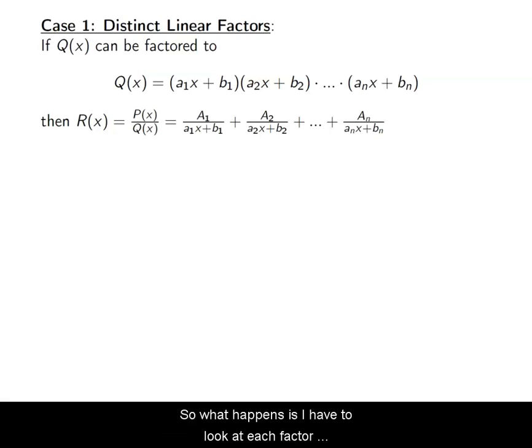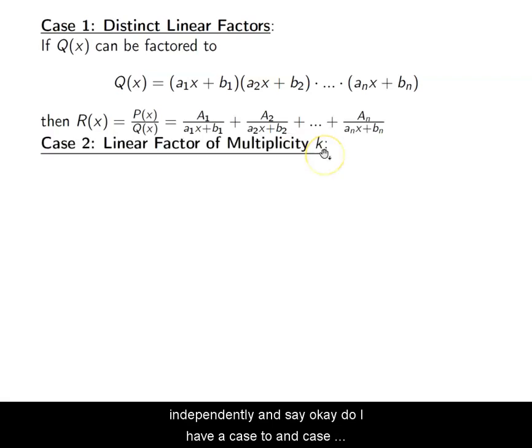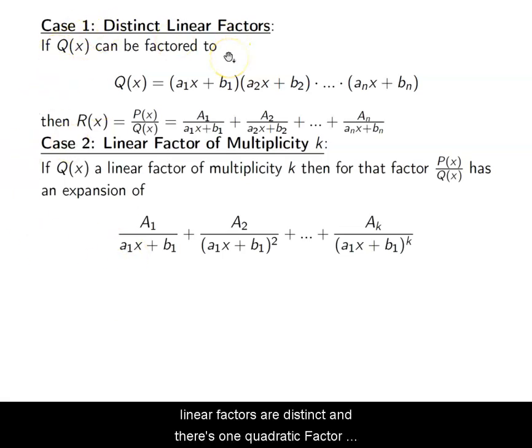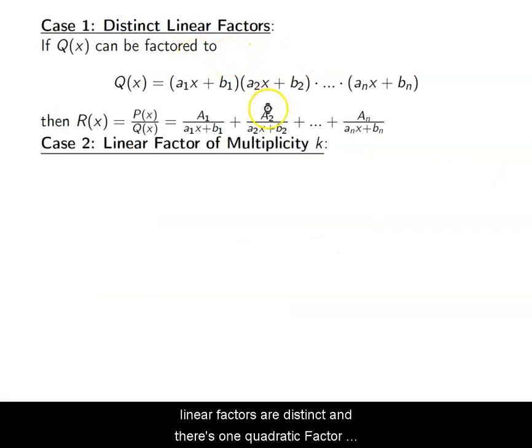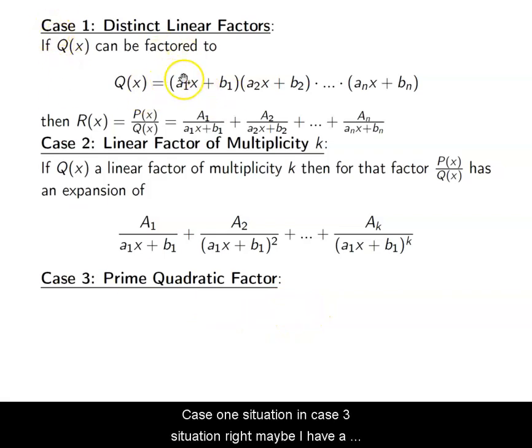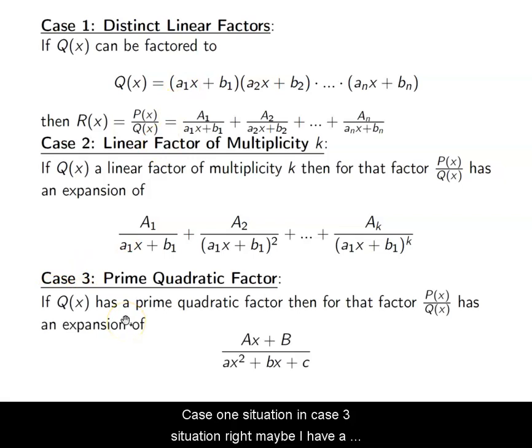So I have to look at each factor independently and say, okay, do I have a case 2 and a case 3, or is it a case 1 and a case 3? Maybe all of the linear factors are distinct and there's one quadratic factor. Well, then that means I have a case 1 situation and a case 3 situation.